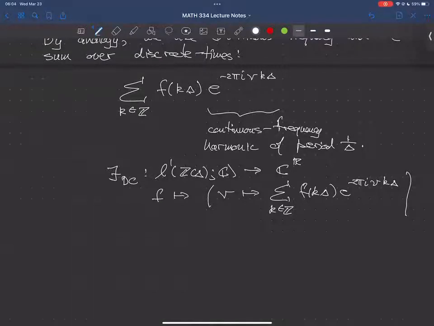All right, so that's our discrete time continuous frequency transform, FDC. In other words, FDC of f of nu is, sorry here, I have these rules about how I write down formulas for transforms.